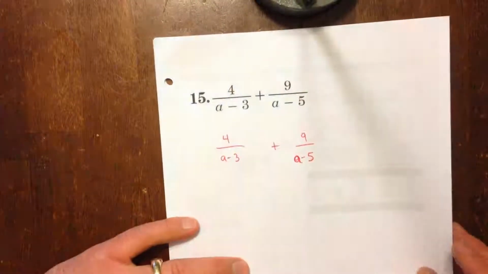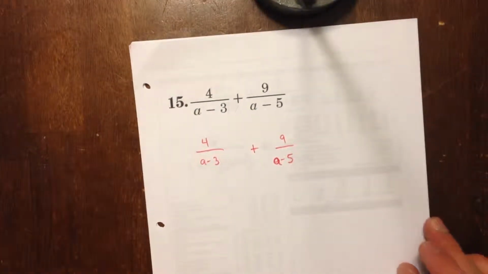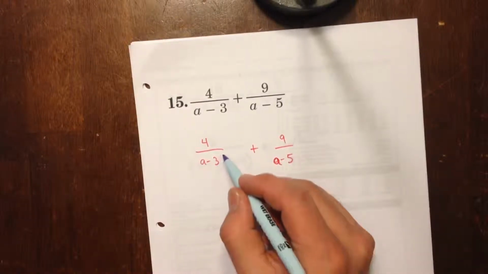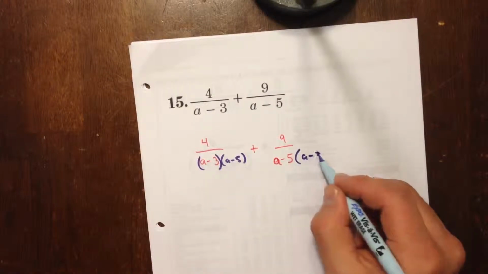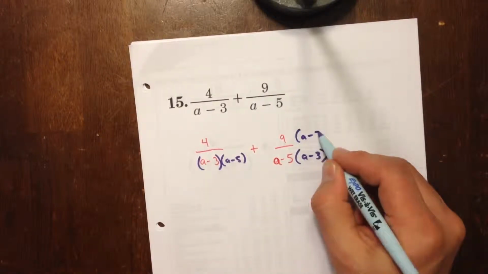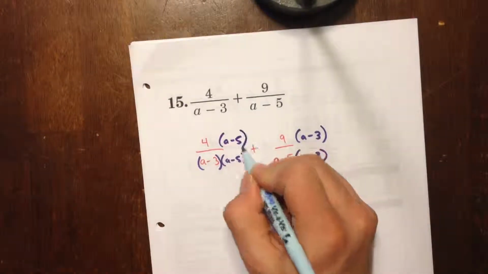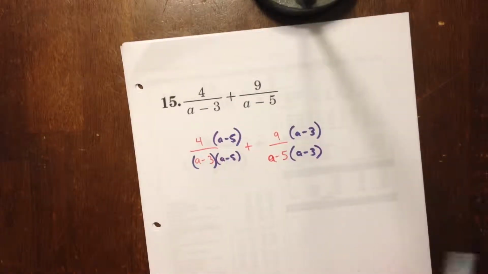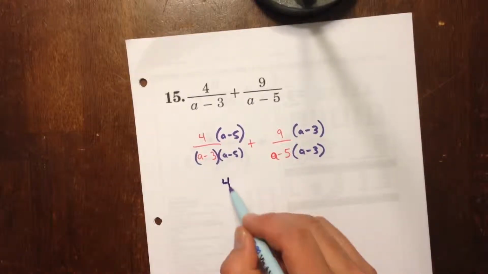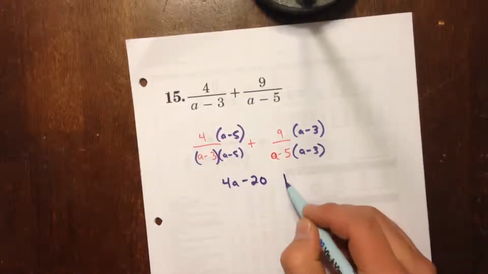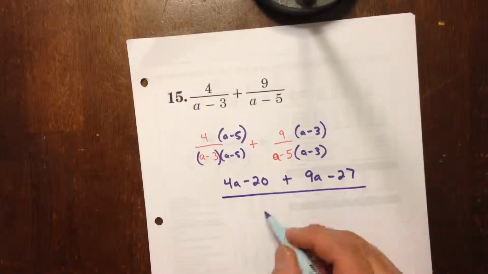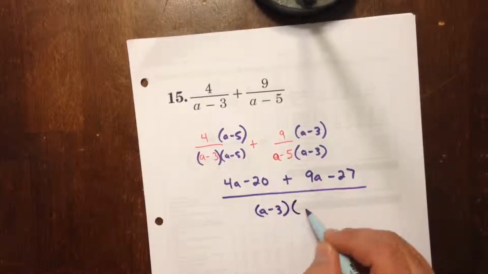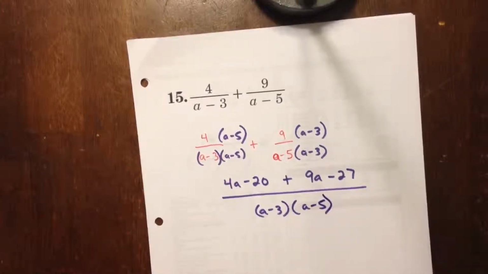Alright, that one took forever. Alright, 15. See if this one goes a little bit faster. Again, our common denominator is just going to be a minus 3 times a minus 5. This one needs an a minus 3. This one needs an a minus 5. Okay, so when I multiply this all out, I get 4a minus 20 plus 9a minus 27 all over a minus 3 and a minus 5.